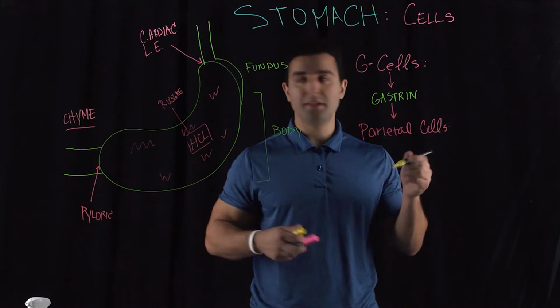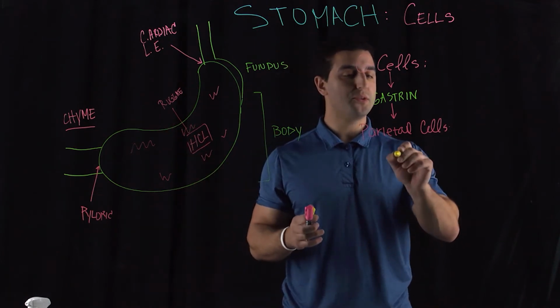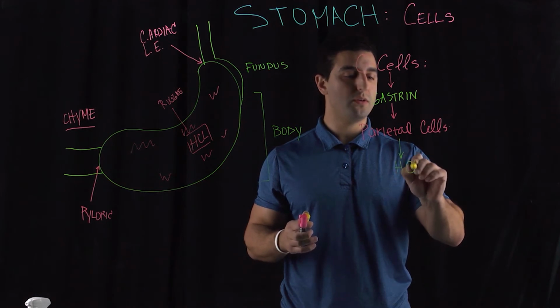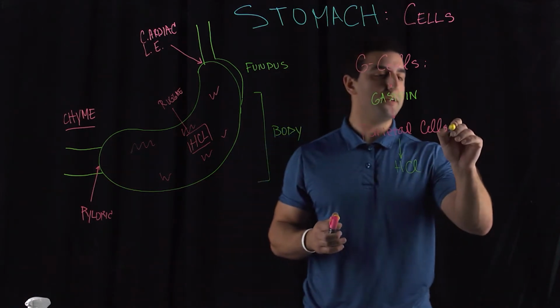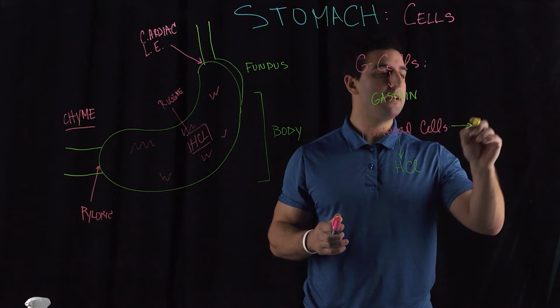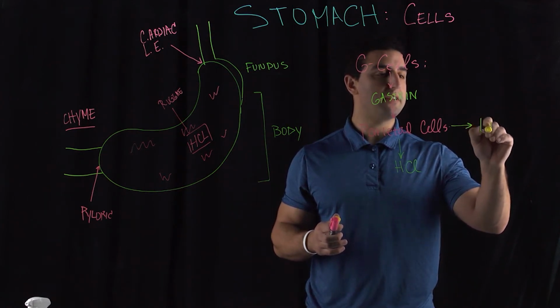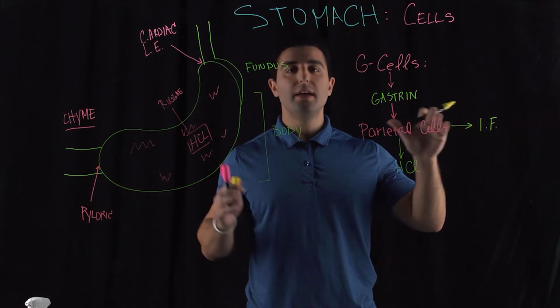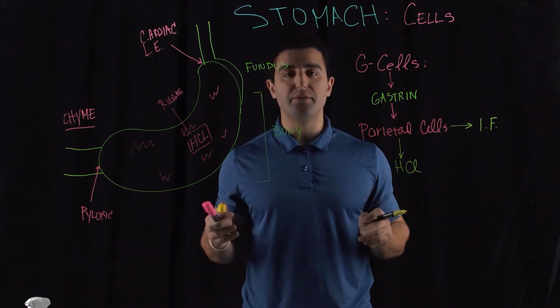The first compound that you've heard before is hydrochloric acid. Another compound that gets secreted is intrinsic factor. Intrinsic factor's main function is to help with the absorption of vitamin B12.